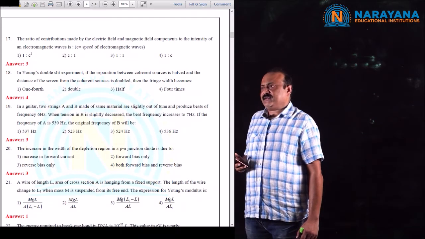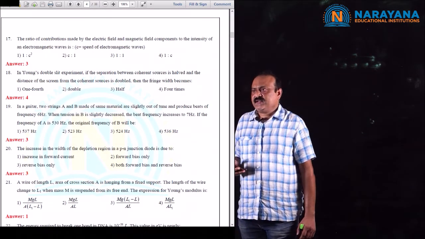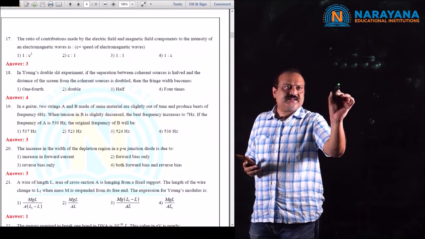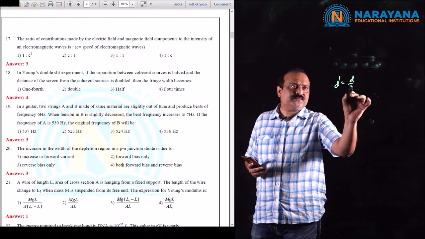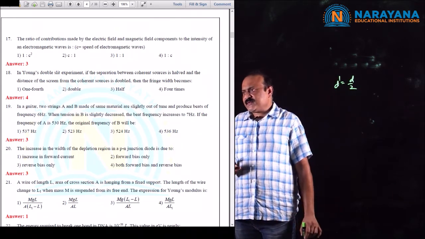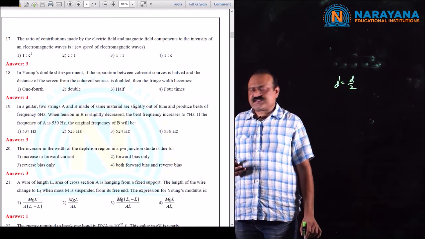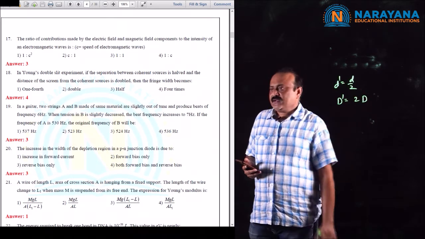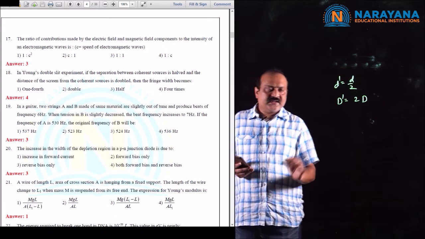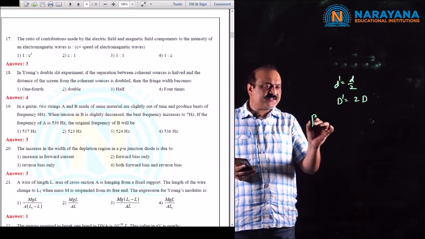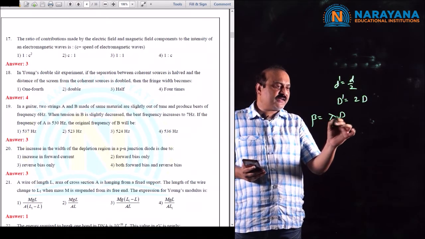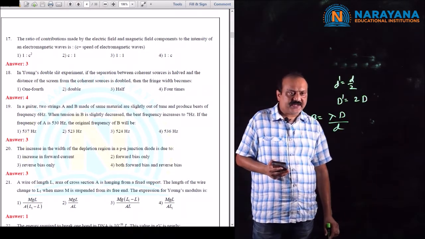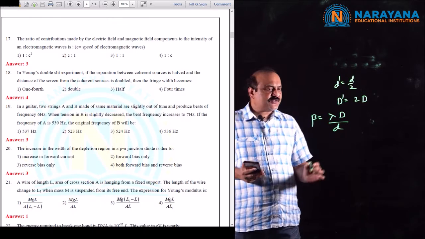Question number 18. In Young's double slit experiment, if the separation between the coherent sources is halved, that is d dash is equal to d by 2, and the distance of the screen from the coherent sources is doubled, that is D dash is equal to 2D, then the fringe width becomes? We know the fringe width is beta = λD/d. That means beta is directly proportional to D and inversely proportional to d.